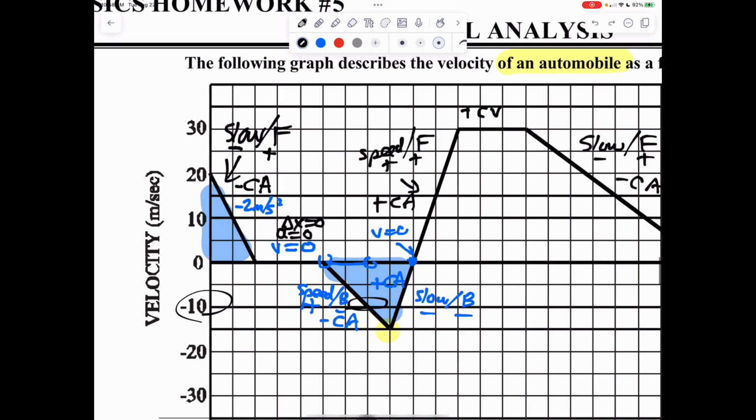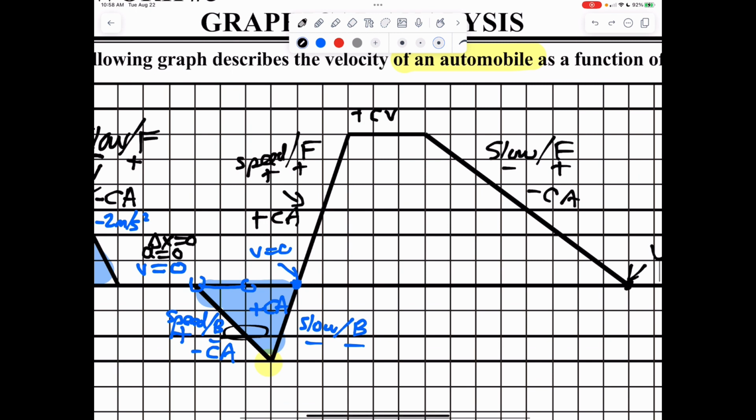Okay, now when we get to this next section, it would probably be advised that you break this into a triangle, a rectangle, and a large triangle, so you can see it break down. Here's the smaller triangle, here's the bigger rectangle, and then here is the larger triangle.